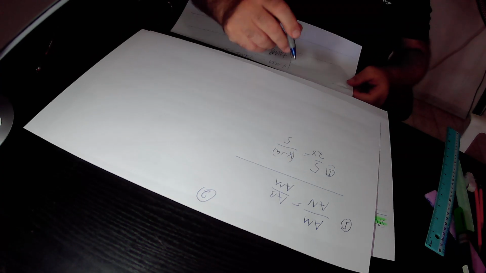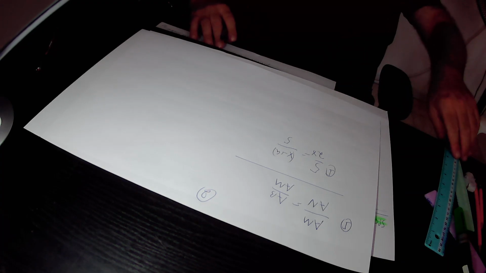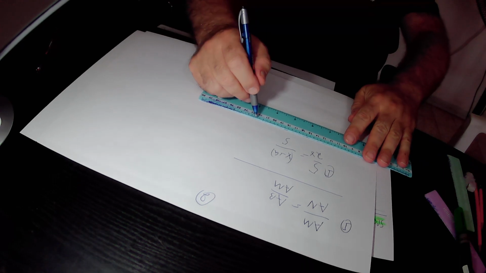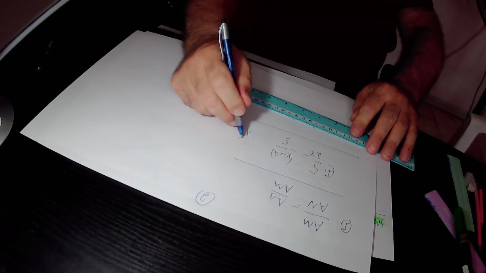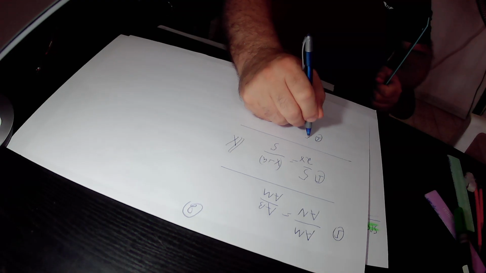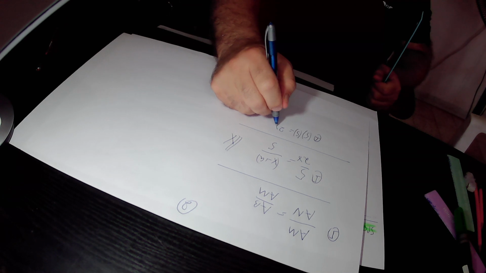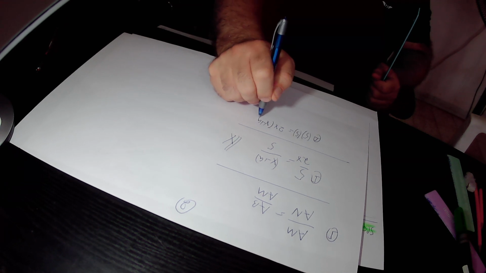So according to equation 1, we find that 5 over 2x equals x plus a over 5. Here we cross-multiply equation 1, and we get that 5 times 5 is equal to 2x times x plus a.